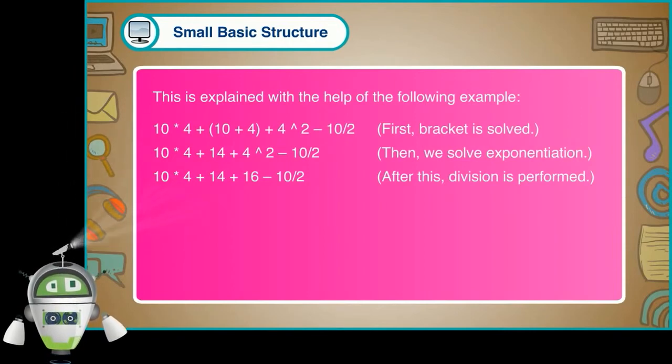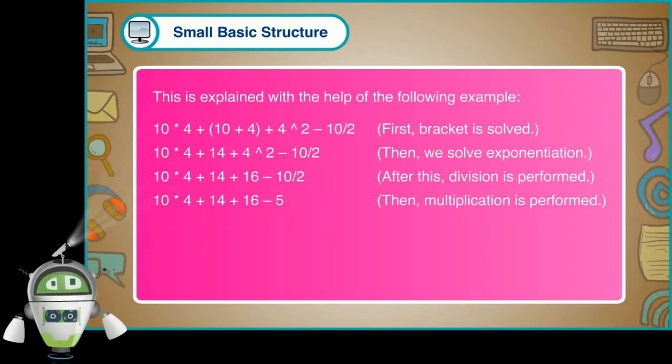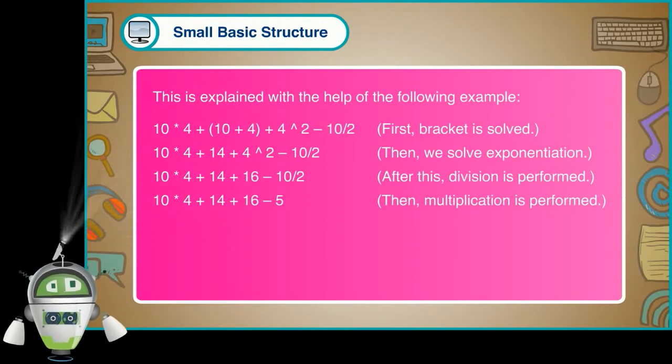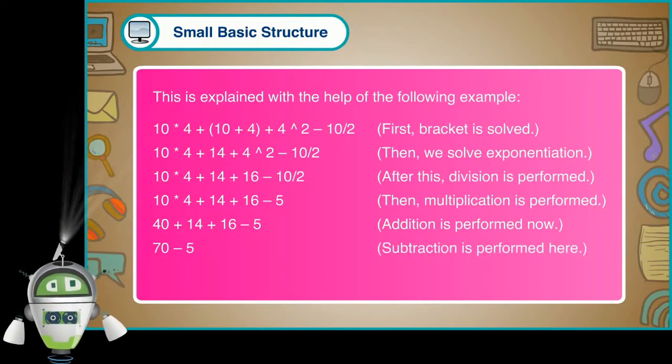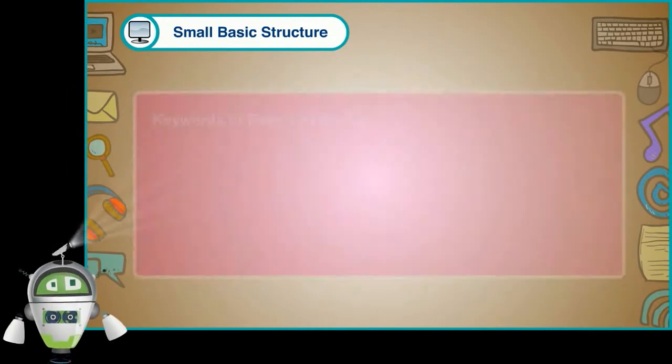After this, division is performed. 10 multiplied by 4 plus 14 plus 16 minus 5. Then multiplication is performed. 40 plus 14 plus 16 minus 5. Addition is performed now. 70 minus 5. Subtraction is performed here. The answer is 65.